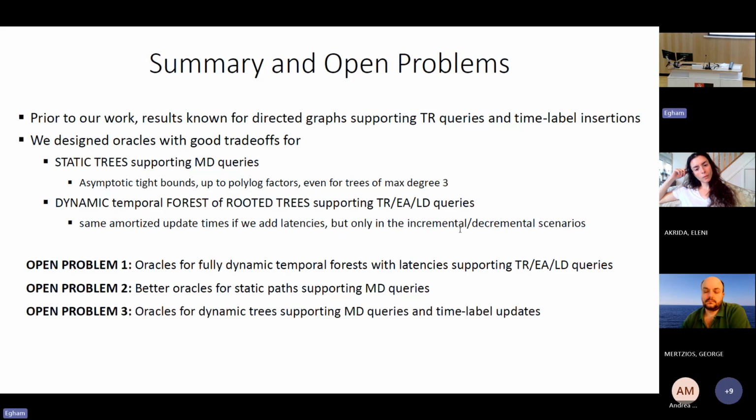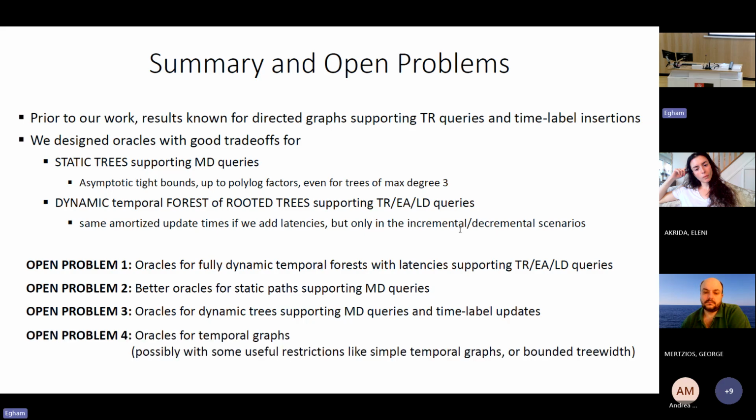Another problem is to design oracles for dynamic trees that support minimum duration queries and time label updates only, because it seems that the approach we used for static trees can be extended to make the tree dynamic and support time label updates, but we don't know how to do this.